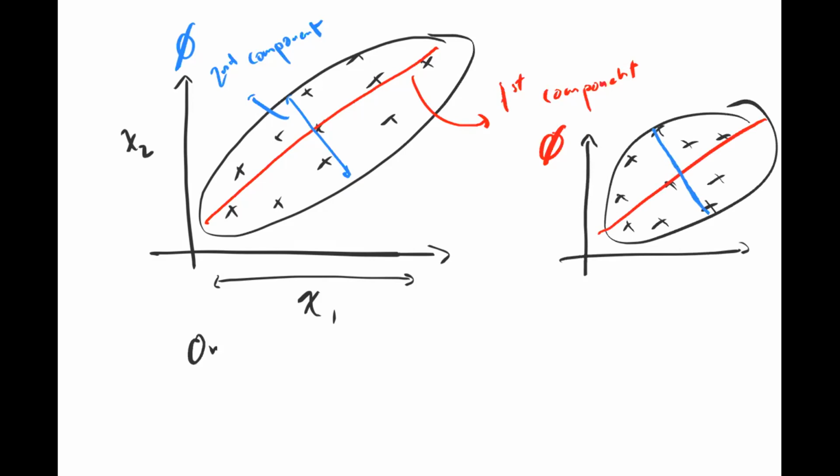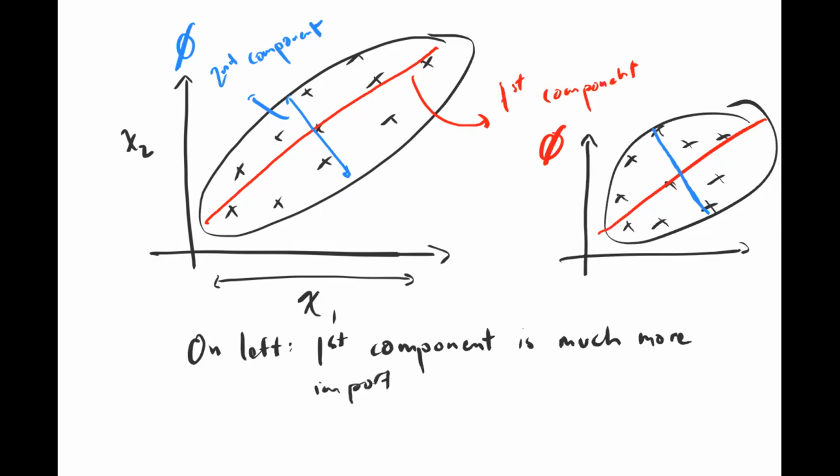So on the left, the first component is much more important. And on the right, the components are closer to equal.